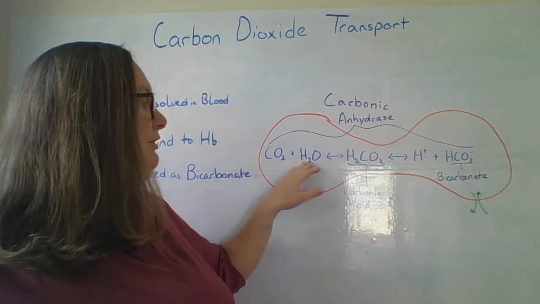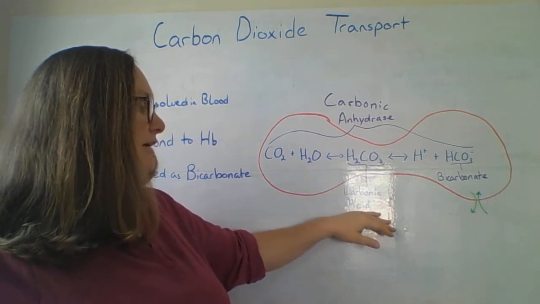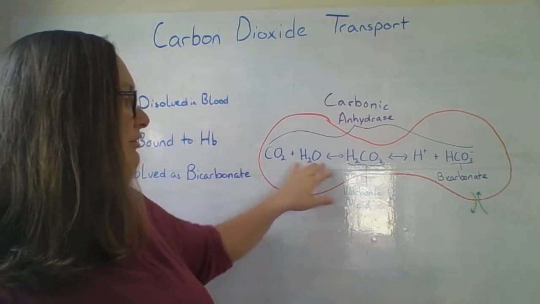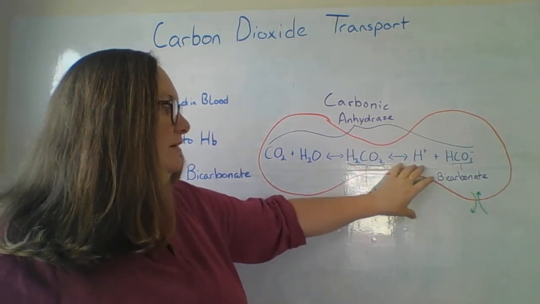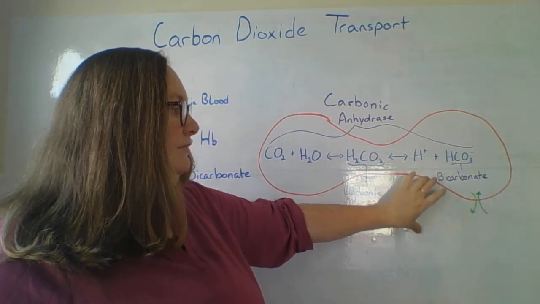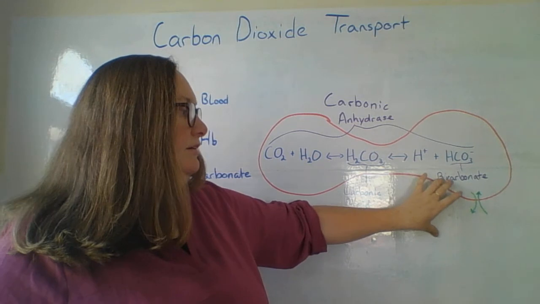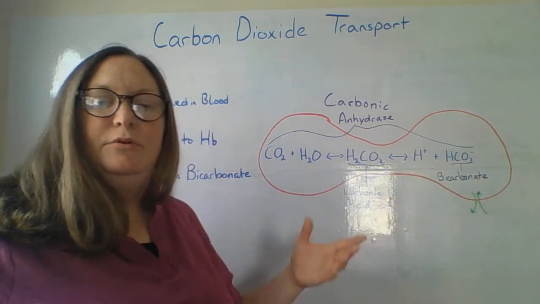Carbon dioxide and water brings us to carbonic acid, H2CO3. Notice how we don't lose any atoms, right? We keep everything. And then that dissociates in water. You get a hydrogen ion and bicarbonate. So what do we do with this now?